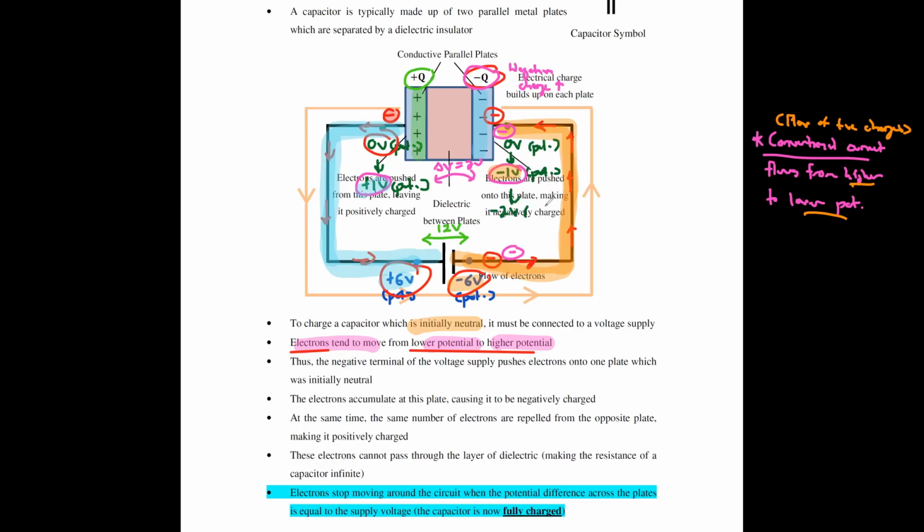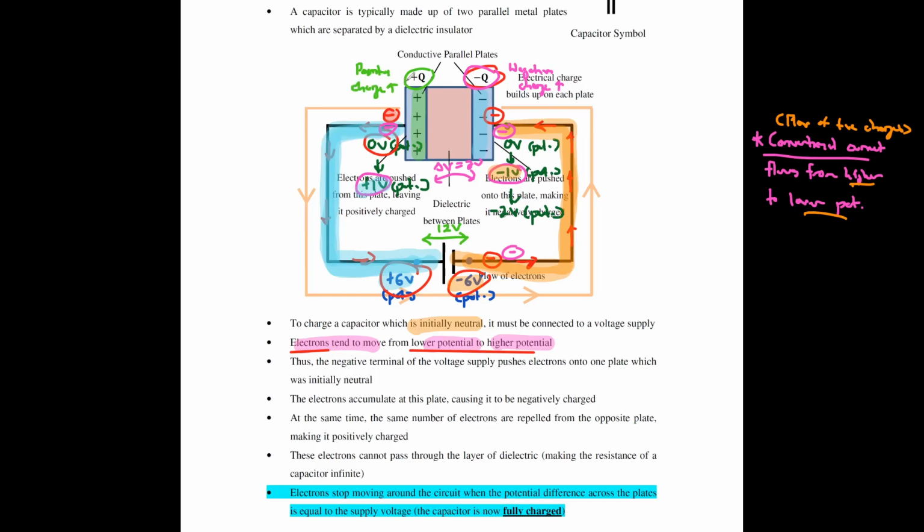2 volts potential. Okay, and then after that, if you look at the left plate, another electron gets repelled away and it tries to move along the blue colored line here towards your positive terminal. And when you lose another second electron here, the left plate, the positive charge increases.